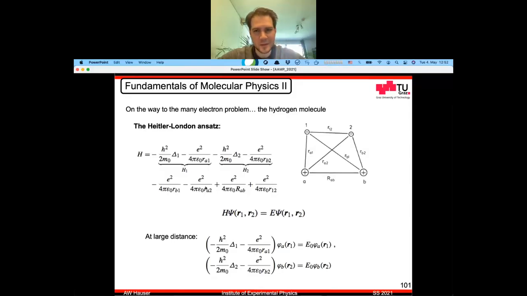So these are these cross terms. And then we have the repulsion terms. One would be the repulsion between the positive charges A and B, the 2 atoms or nuclei that remain. And we have the crucial term here, the interaction between the 2 electrons, 1 over R12 in our nomenclature, with R12 being the distance between the 2 electrons. So this is our Hamiltonian.